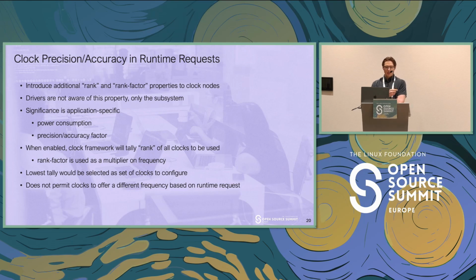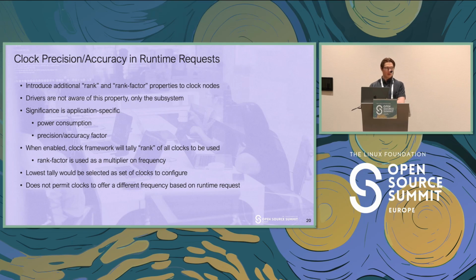So the idea I would like to go with, which I'm open to feedback on here or on the PR, is to introduce these properties: rank and rank factor. These are essentially scores for a clock, and drivers would never be aware of this property. The driver API would have no awareness of what the rank of clocks is.